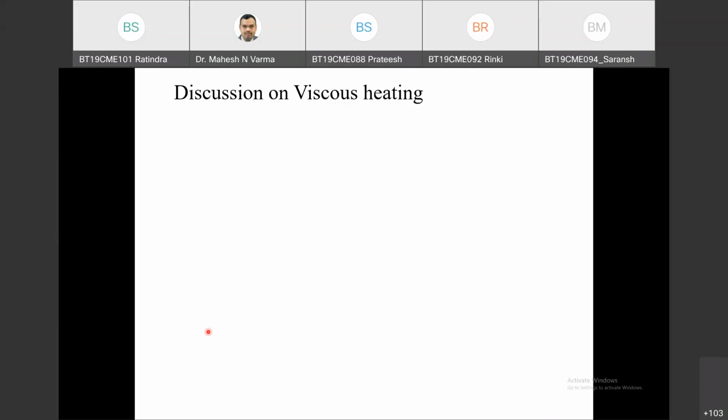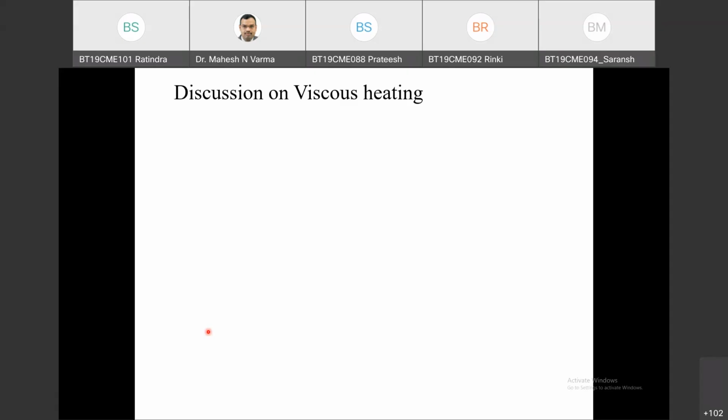Amongst the fluid itself there is no solid to solid contact, but one layer rubs against another. If you touch the axle of your bicycle after riding a few kilometers, you will feel that it gets heated up. That is because of viscous heating: the energy lost because of this viscous rubbing appears as heat, and that is called viscous heating.